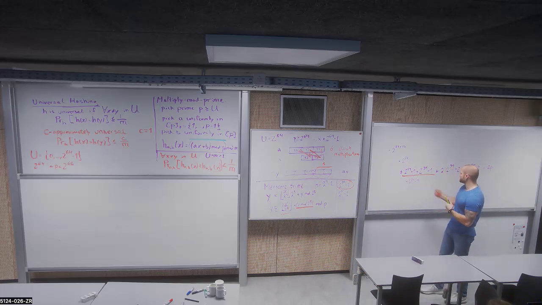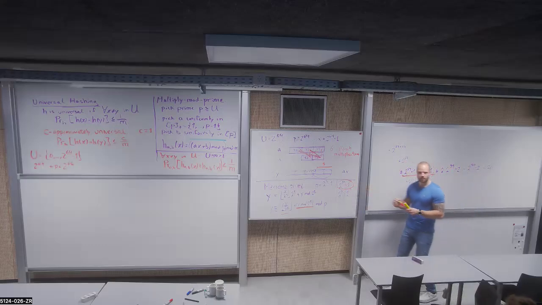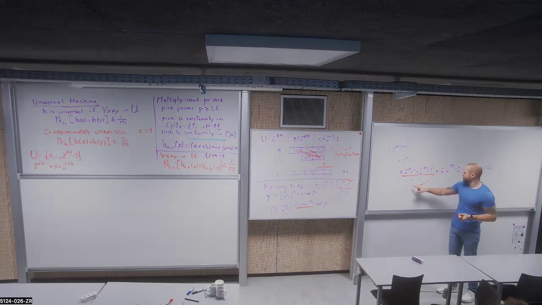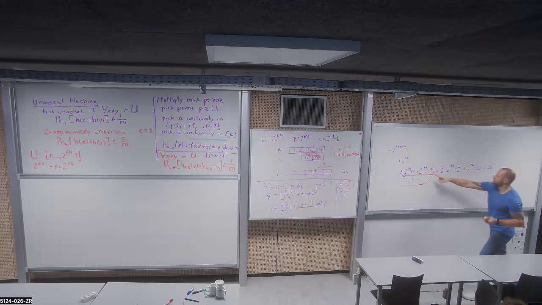So all these numbers that I need to do mod 2 to the 89 minus 1 on, the sum of them, I guess you can even show is less than 2p. Does that make sense? That I'm adding a number that's less than 2 to the 64 with a number that's less than 2 to the 64 with a number that's less than 2 to the 89. The sum here is less than 2 times 2 to the 89.